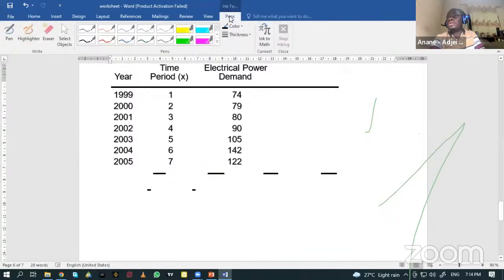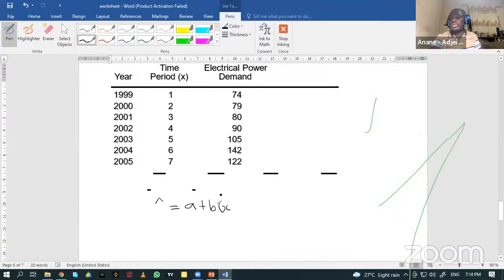The formula for the regression method is y hat is equal to a, which is the independent variable, plus b, which is the dependent variable, and x. But this x, you can either put it into brackets or not.